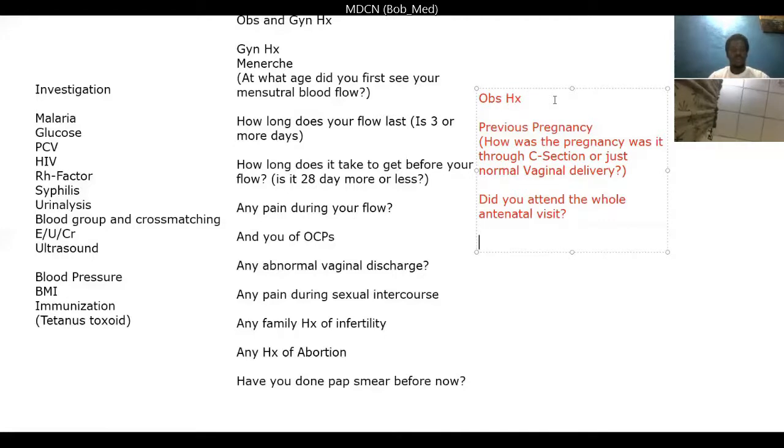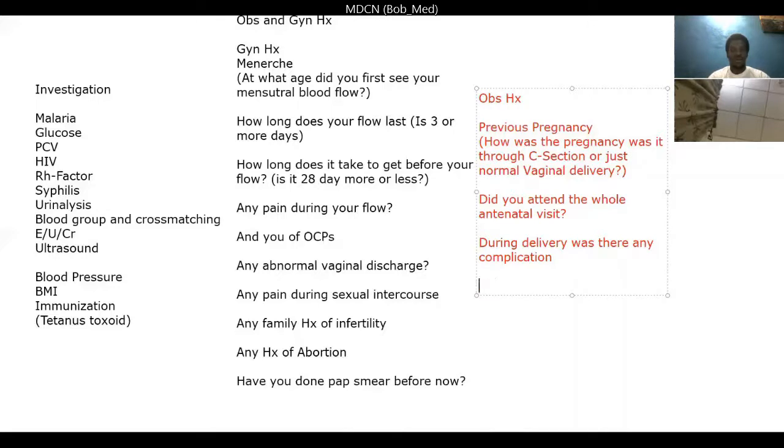And you want to also ask, during the delivery, was there any complication? You want to ask how the child was, the state of the child, and how long the woman stayed in the hospital.